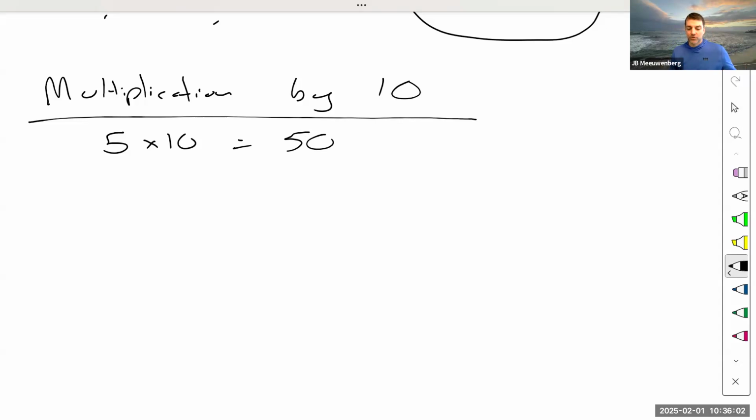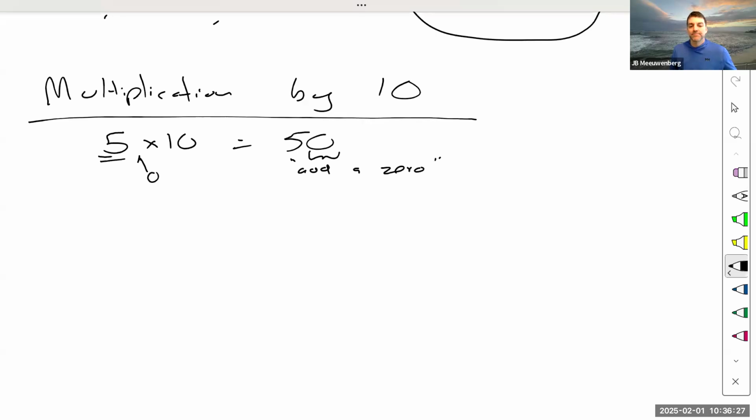So what we're going to do is look at a model using, again, the base 10 manipulatives. If you want to do this, you can follow right along with that. So the question is, why do we just sort of add a 0 here? Why does that work? We started with 5, we just stick a 0 after it when we multiply by 10.